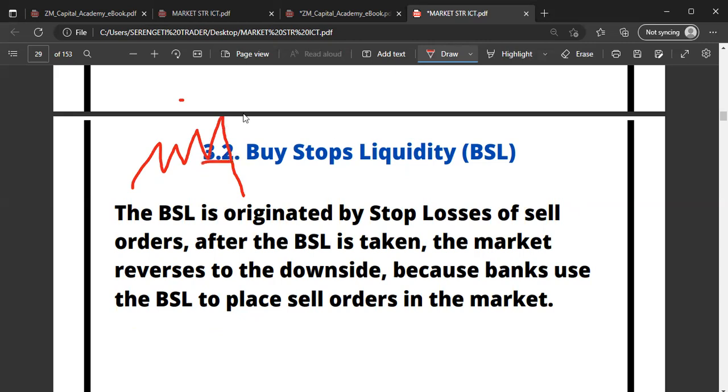So when you see a very long wick taking out this level, that becomes buy stop liquidity, because this is a point where we ended the buying process and started selling positions. So that's why we say buy stop liquidity is an area where, after we see that kind of liquidity, what we call liquidity sweep or liquidity inducement happening, we expect it to sell.